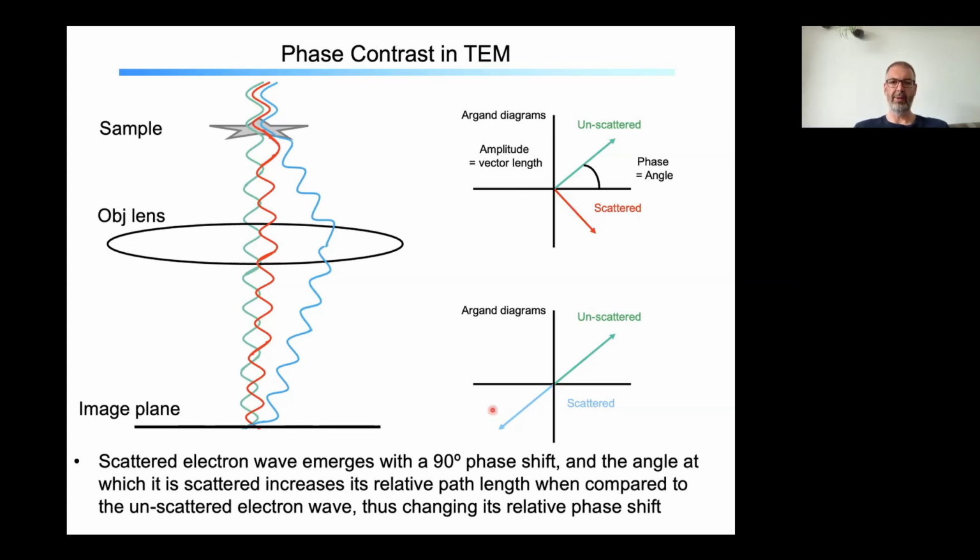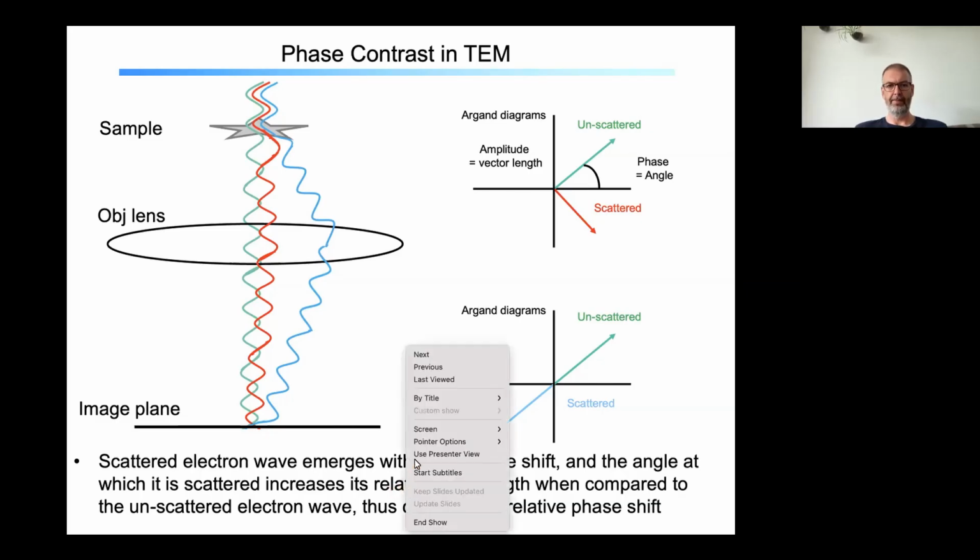Now you can see that the relative phase of the scattered part of the wave is 180 versus 90 degrees. And that's pretty much what it says there.